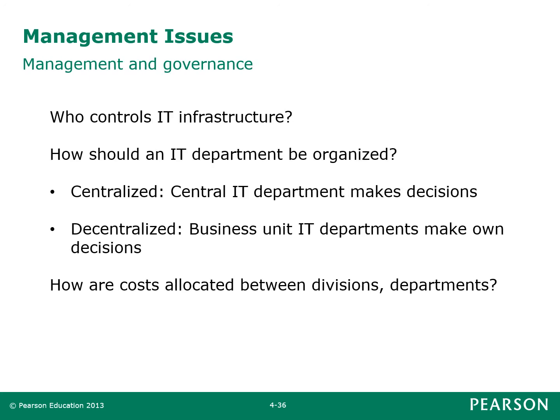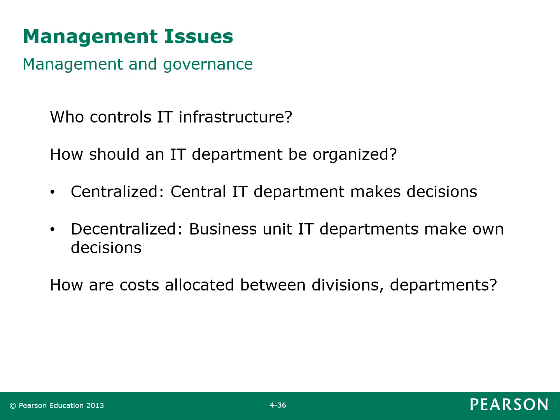Who actually controls IT infrastructure? Who is responsible for it? How should an IT department be organized? There are two types of organization of IT. Centralized means there is one central entity, the IT department, that makes decisions.